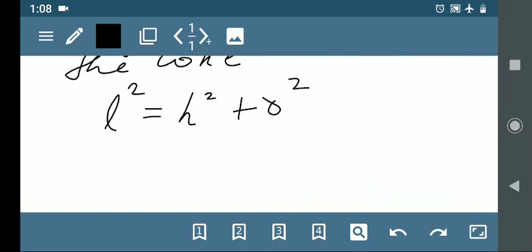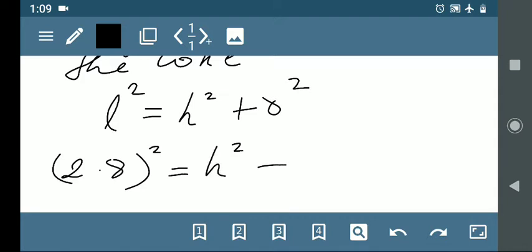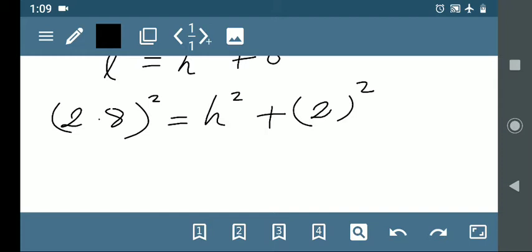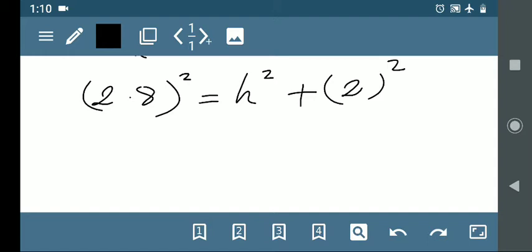Slant height is already given to us, that is 2.8 meters square is equal to height we need to find plus radius, we got it as 2 meter square. So now 2.8 whole square is 7.84 is equal to h square plus 2 square is 4.